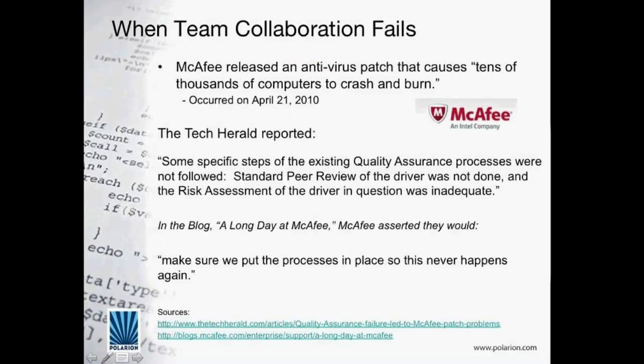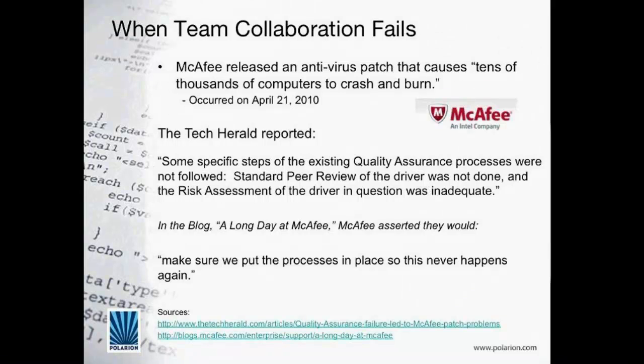Well, let's talk a little bit about team collaboration for a moment. What happens when team collaboration fails? Recently, in April of 2010, McAfee released an antivirus patch that caused tens of thousands of computers to crash and burn, causing serious outages for its customers.